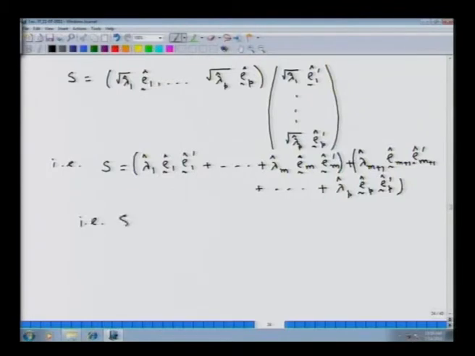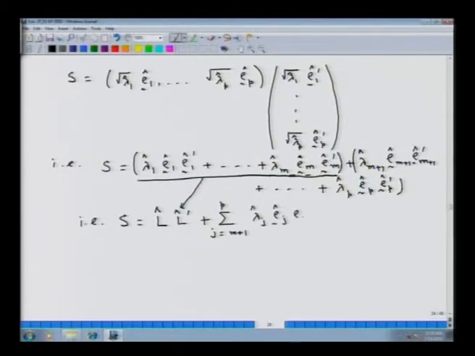In other words, S can be written as L hat L hat transpose, the first m terms' contribution to S, plus the summation over j equal to m plus 1 to p of lambda j hat e j hat e j hat transpose.